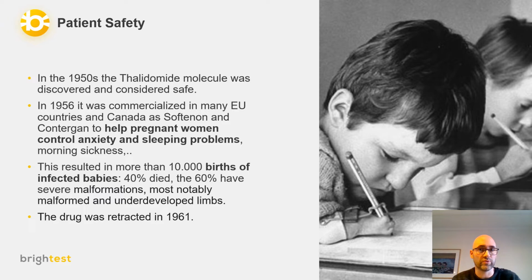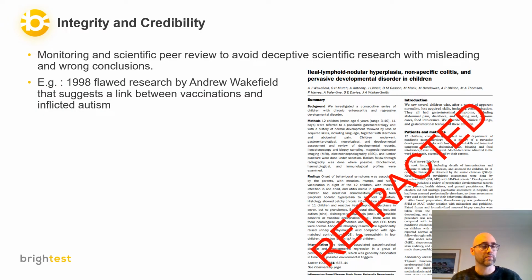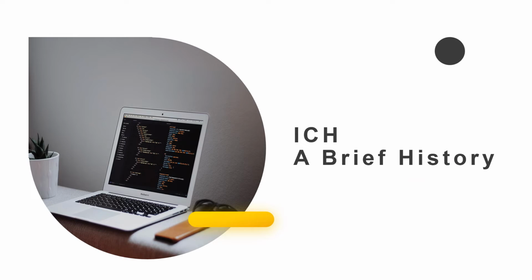The drug was retracted as a consequence. The third important part is integrity and credibility of scientific research. You want to make sure that conclusions that are made are correct and peer-reviewed by other scientists. If not, research gets retracted and consequences stay limited.